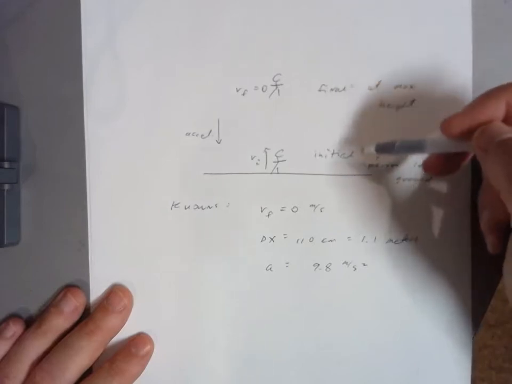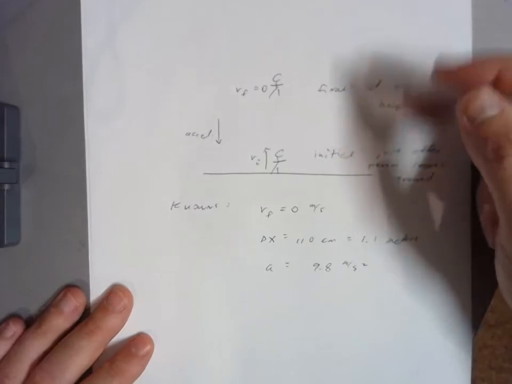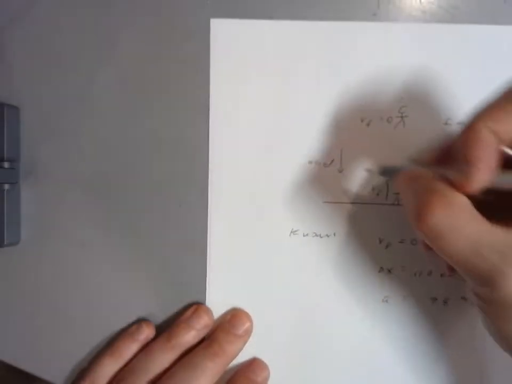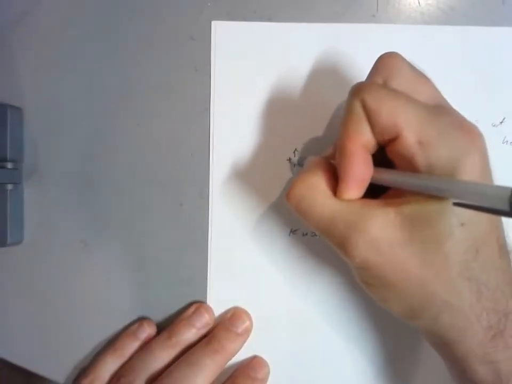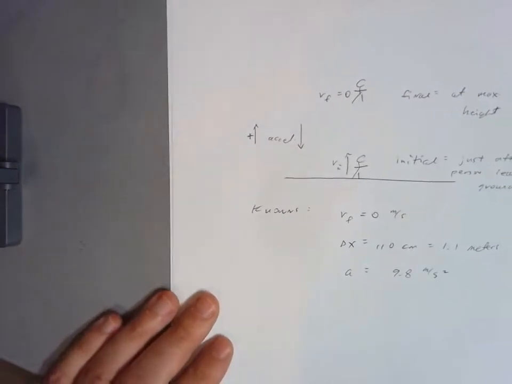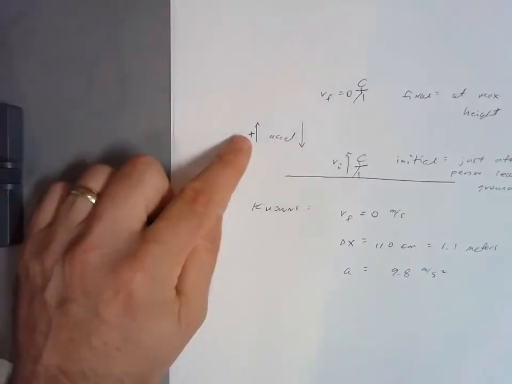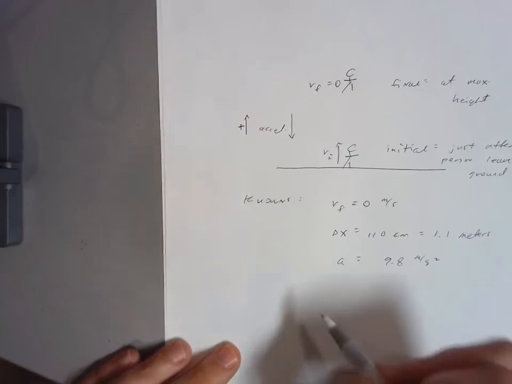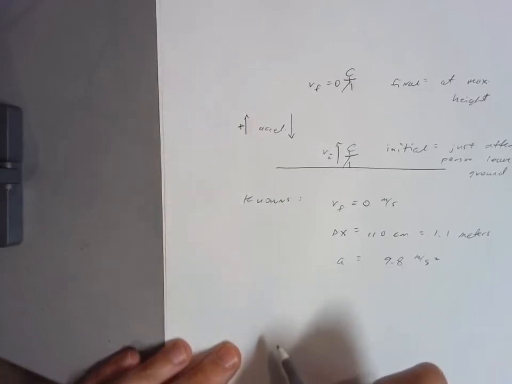So I can choose the positive direction either up or down. It doesn't matter which way I do it, but I'm going to choose up for this example. So that means anything in the upward direction is a positive number, and anything in the downward direction is negative, towards the negative end of my number line.